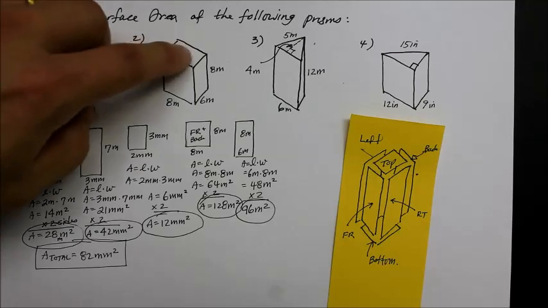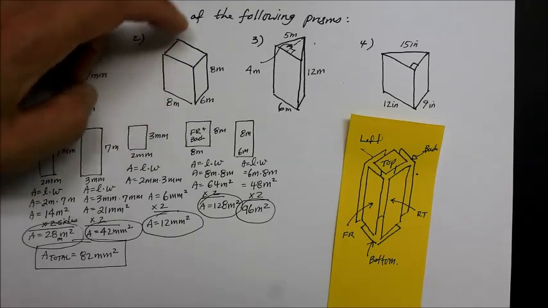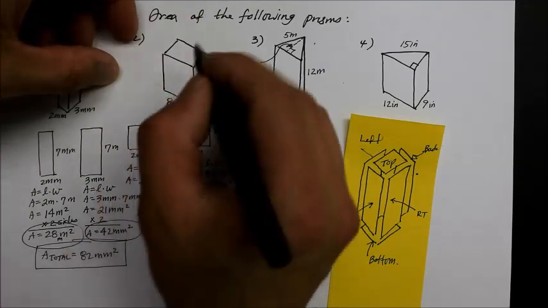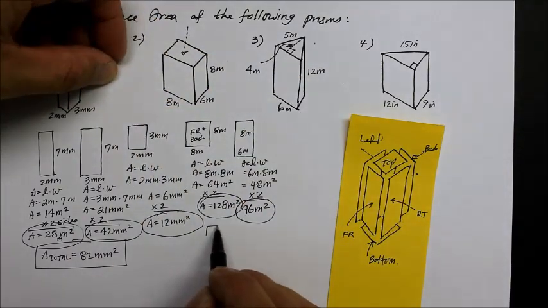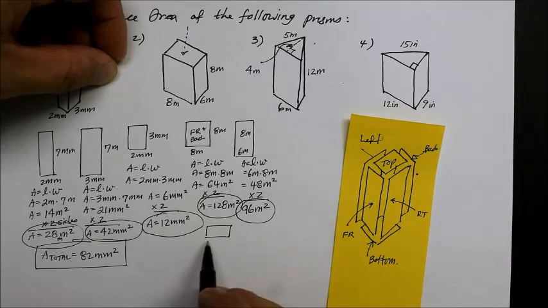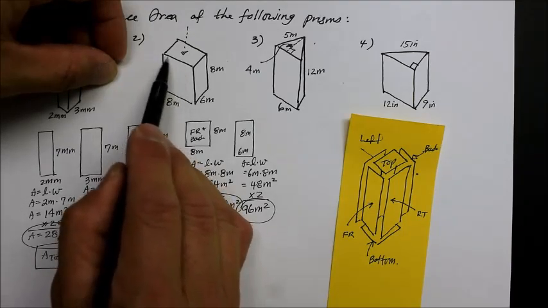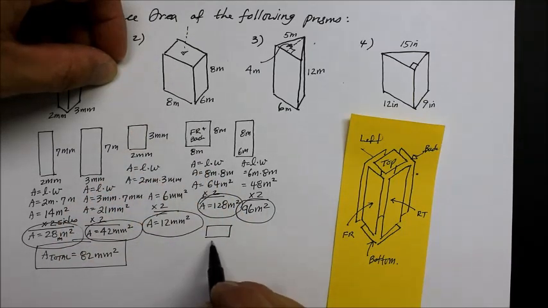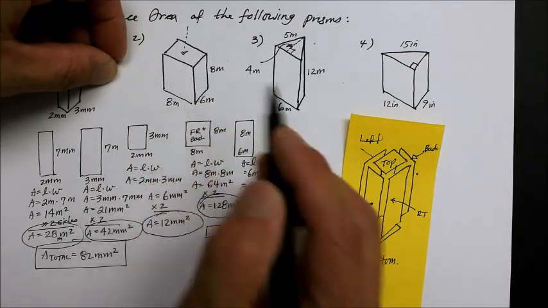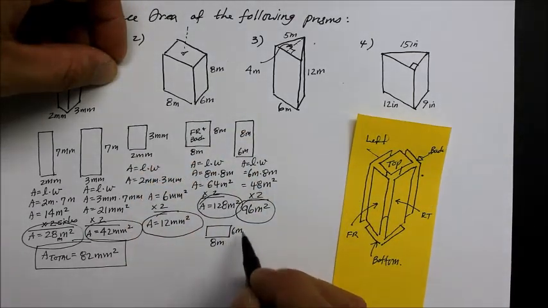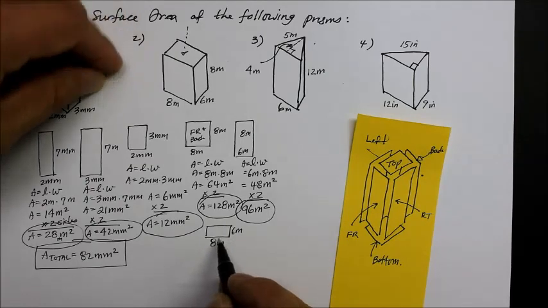And finally, the top and bottom. If you were to look down on it, you could tell that it's going to be a rectangle this way. The length of it is right there, which is 8, and the width right there is going to be 6. Of course, it's not drawn to scale here.